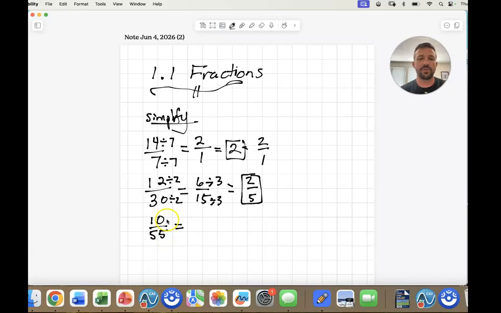Okay, so you would check the next one. 3, no. 4, no. 5. Yes, they're both divisible by 5, right? 10 divided by 5 is 2. 55 divided by 5 is going to be, let's see, 5, 10, 15, 20, 25, 30, 35, 40, 45, 50, 55. 11, right? And that's how you can always do it.